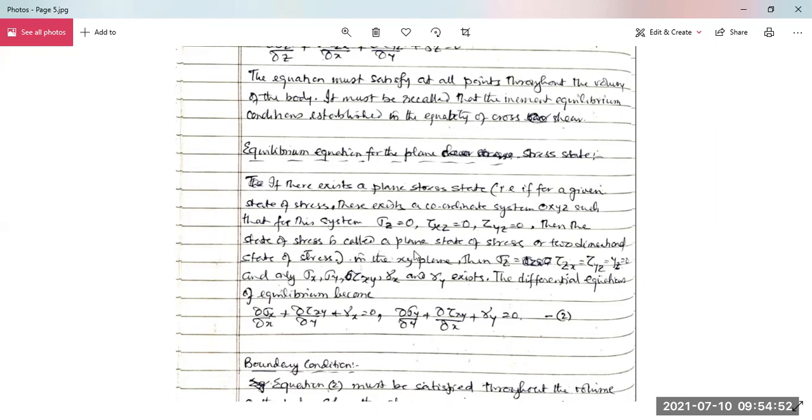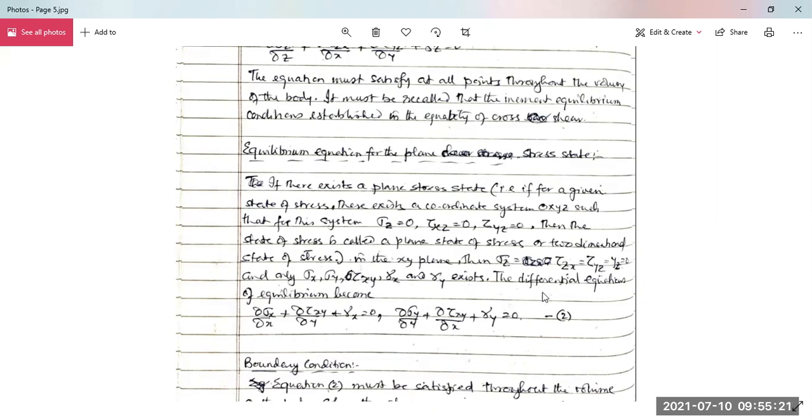Then the state of stress is called plane stress, plane because it is reduced to only the xy plane, or a two-dimensional plane. Then sigma z, tau zx, tau yz, and gamma yz are all equal to 0, and only sigma x, sigma y, tau xy, gamma x and gamma y exist.